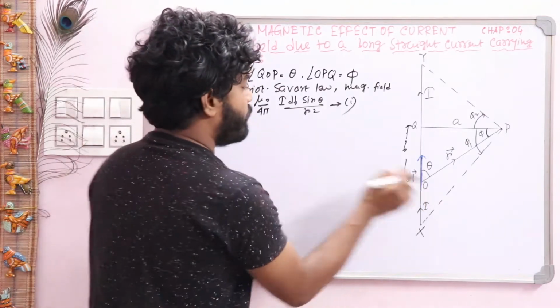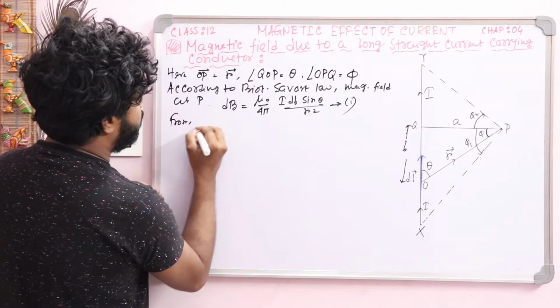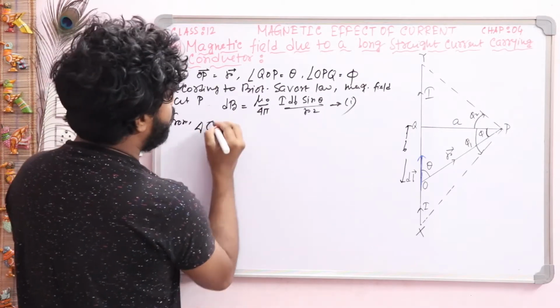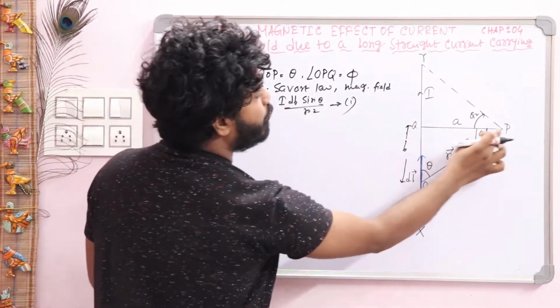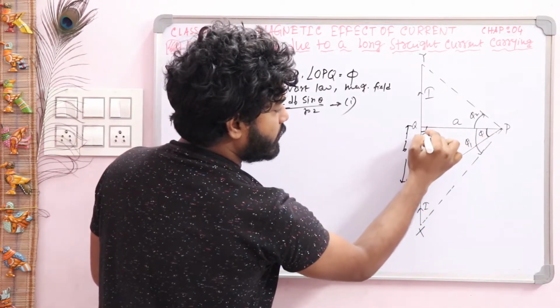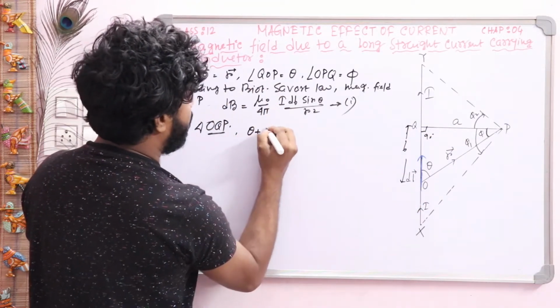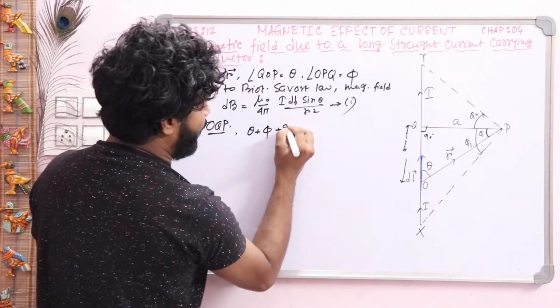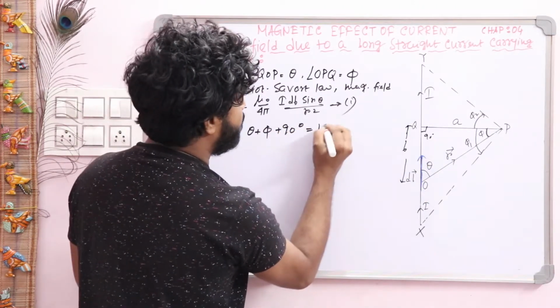Now you write from triangle OQP, what can we write? In triangle OQP, this angle is theta, this angle is phi, and this angle is 90 degrees. So write it: theta plus phi plus 90 is equal to the sum of three angles, that is 180.